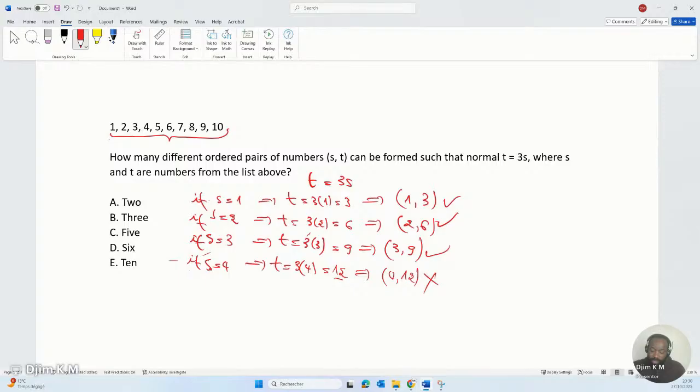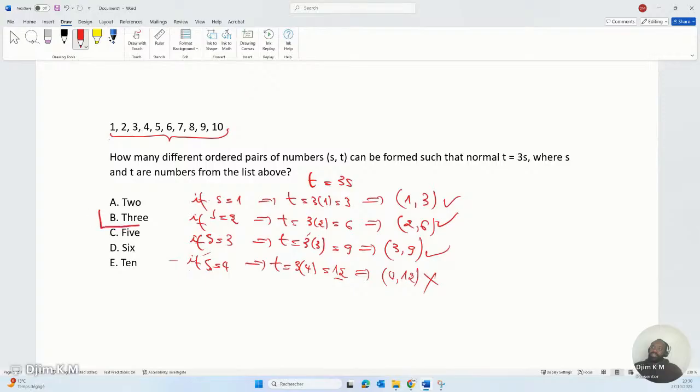So to respect the condition that is given in the prompt, we have these values here.